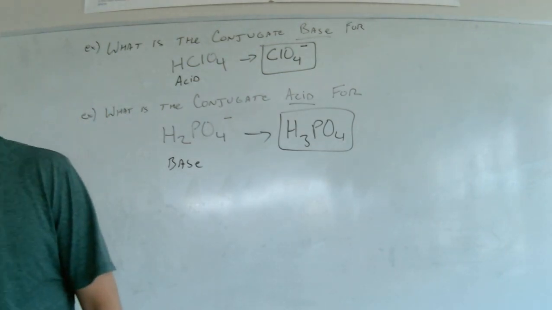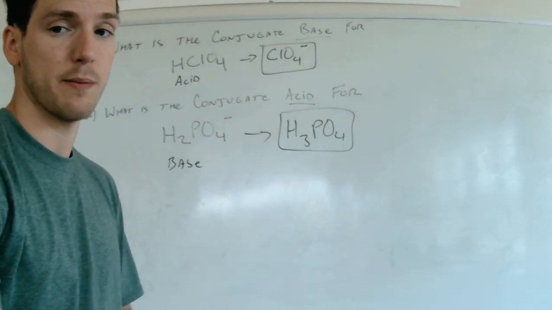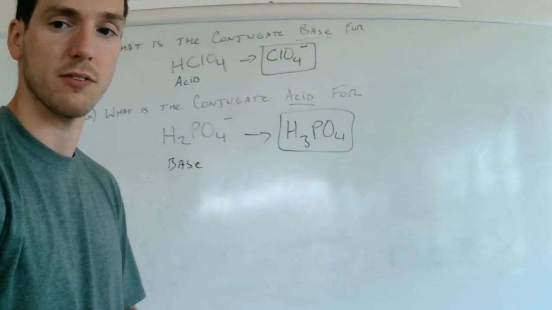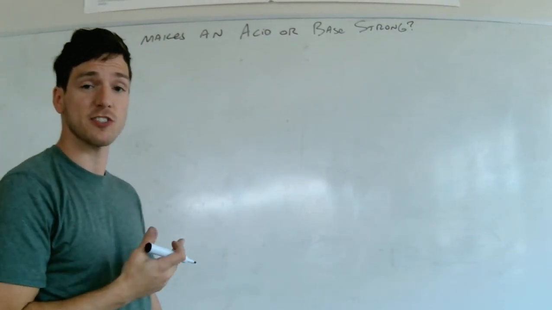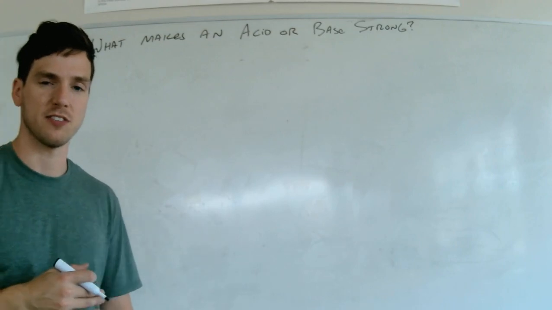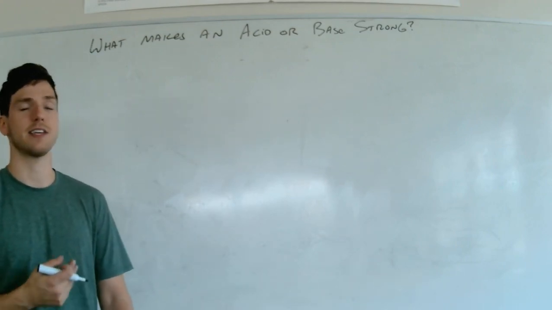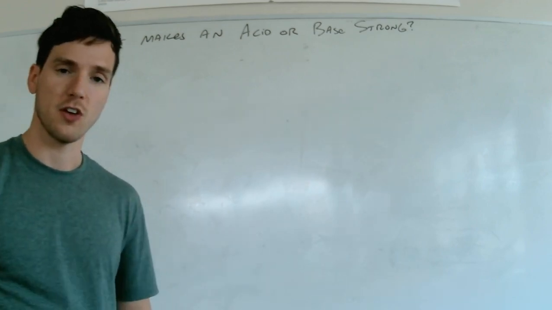Let's go ahead now and talk about strong acids, weak bases, weak acids, and strong bases. So I'm going to start this next section by asking the question, what makes an acid or base strong? And in your head you might be saying the one that eats skin the most, right? Or the one that dissolves the most.